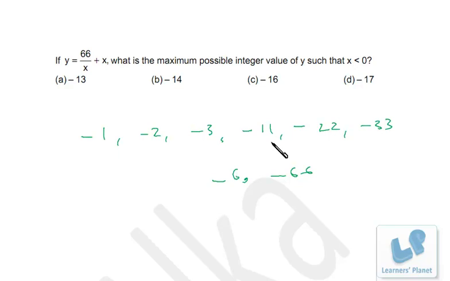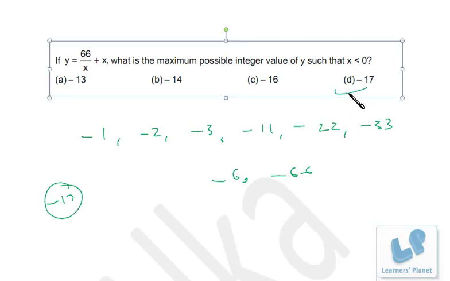Minus 11, suppose we choose, so 66 by 11 is 6, minus 6, minus 11, so minus 17 is there. Let's see what happens over here. Minus 22, so 66 by 22 is minus 3, then it will go up to minus 25. So it's not recommended. So finally minus 70 is the maximum possible integral value of y, right? Option D. I hope you are clear.